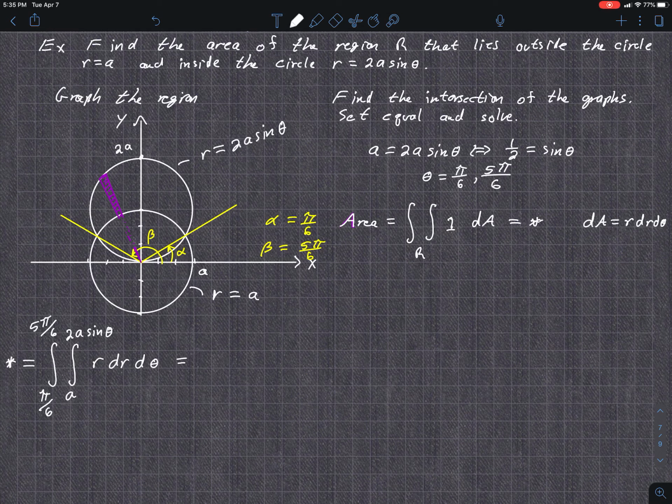And then that is really easily integrable. We'll do a couple steps on it. You can use symmetry on this one. If you wanted to, you could go from pi 6 to pi halves and stop, and then just do twice that.